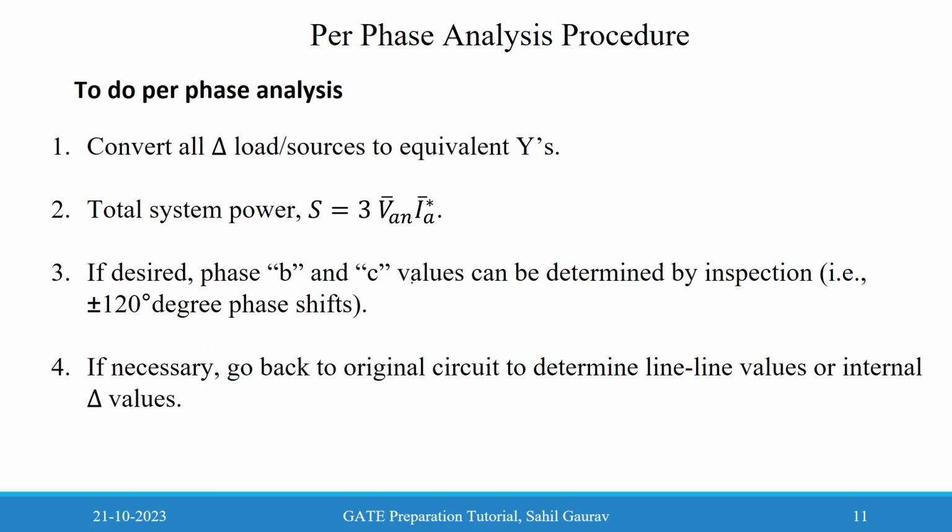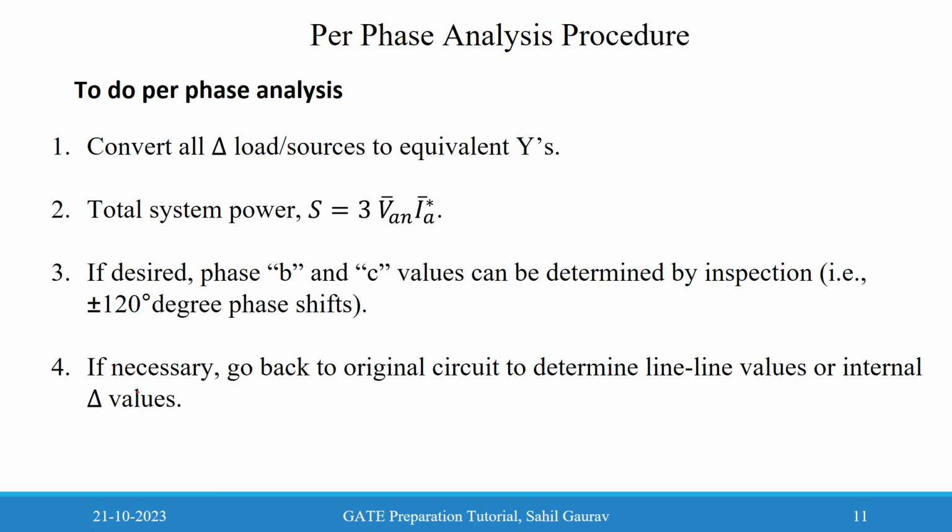So you just need to work with one phase. If you are doing the per phase analysis for phase A, then by inspection you can also find the values for phase B and phase C.